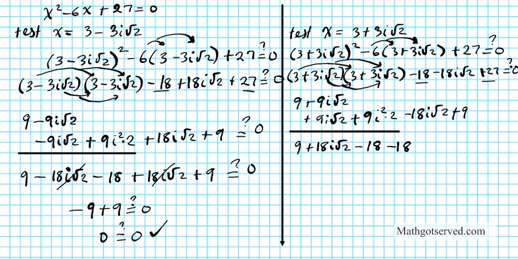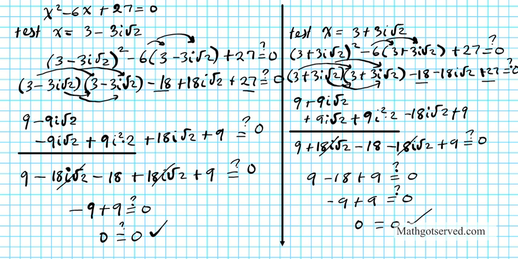Minus 18i root 2 plus 9. Is it equal to 0? You notice these two are opposites, so they cancel out. So is 9 minus 18 plus 9 equal to 0? 9 minus 18 is negative 9, plus 9. Absolutely, 0 is equal to 0. So our answer checks out.